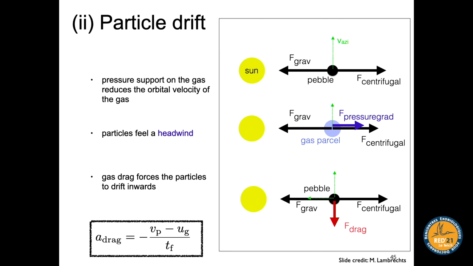So it actually rotates slightly slower than a perfect gravitational Keplerian orbit. An object, a particle drifting within this gas, feels a headwind because it's going a little bit faster. What does the headwind do? Because of drag and trying to pile up gas, it slows the particle down. That loses orbital energy and causes it to spiral inward.